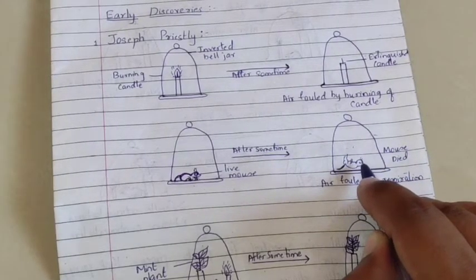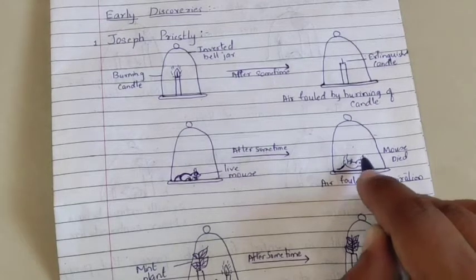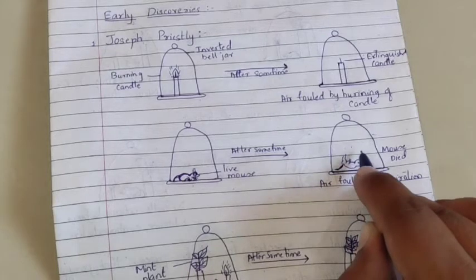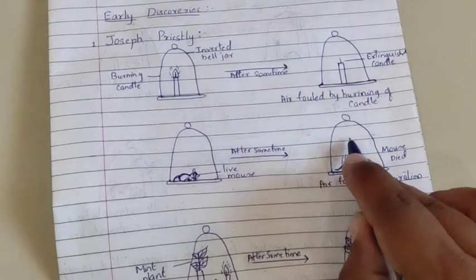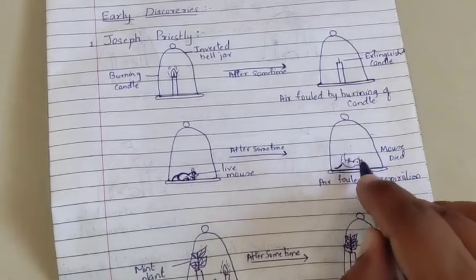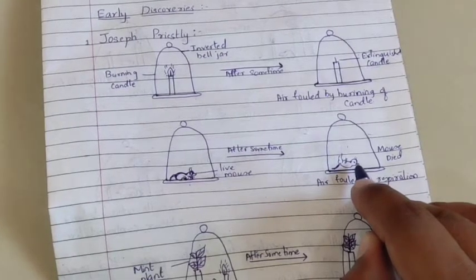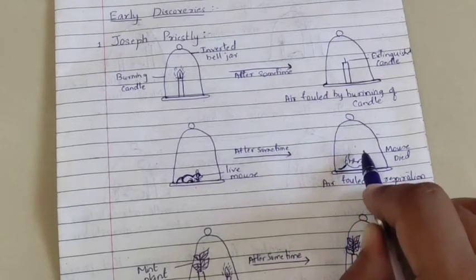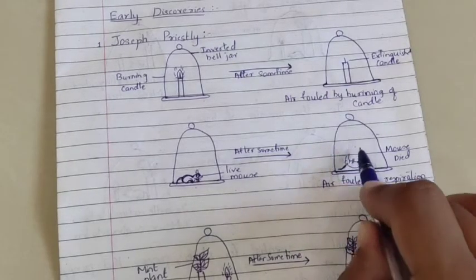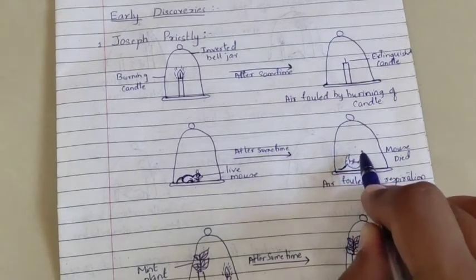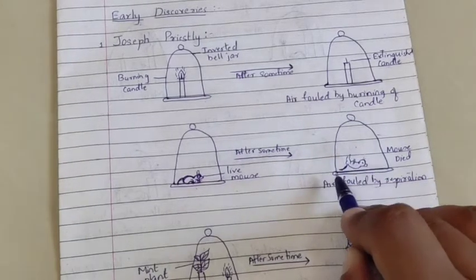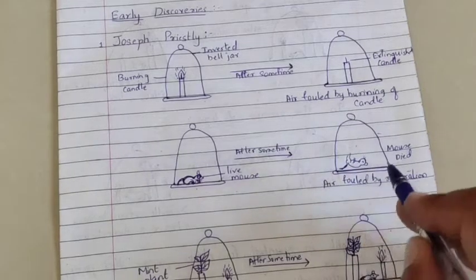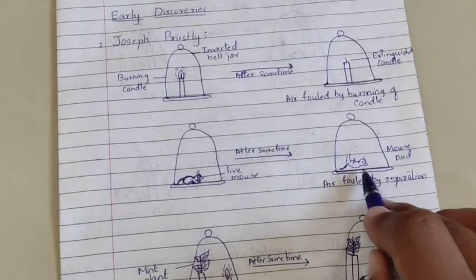Organisms, we know, respire. They take oxygen from the surrounding atmosphere and release carbon dioxide. So the oxygen present in the bell jar was utilized by the mouse. After all the free oxygen was used up, and with the complete seal at the bottom, the mouse died of suffocation.